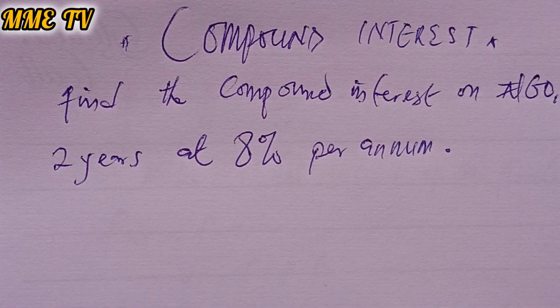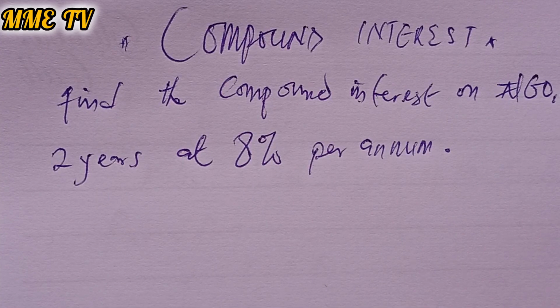What should be the first thing that will come to your mind? Find the compound interest on 60,000, 2 years at 8% per annum. What will be the first thought that will come to your mind?